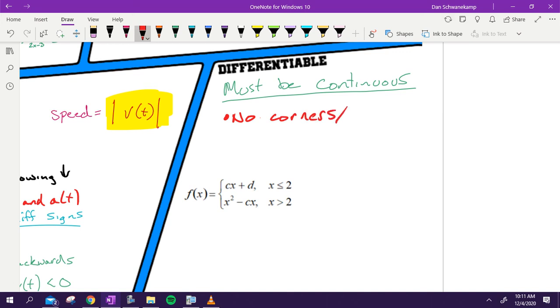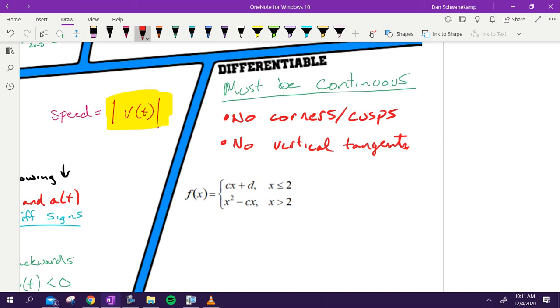No corners or cusps. Yeah. No corners or cusps. We're looking for those things. We don't want them to happen. And what was the other place that you can't find a derivative? Vertical tangents. Endpoints get kind of weird there. No vertical tangents. No vertical spots on your graph. Again, the majority of the time, it's corners and cusps. I would say like 90% of the time, it's going to be corners or cusps.